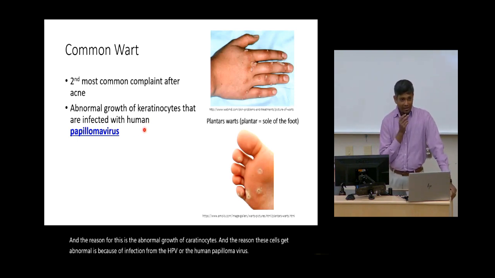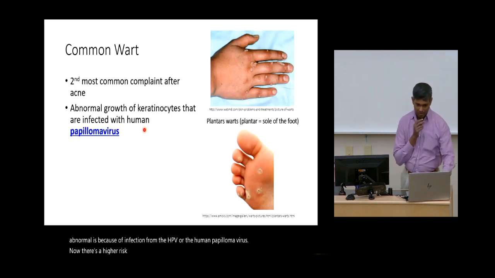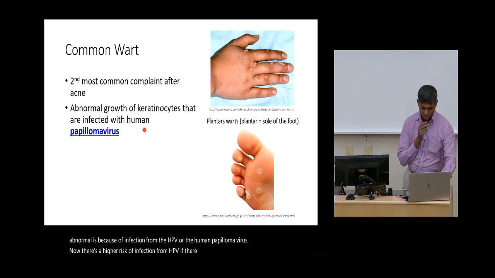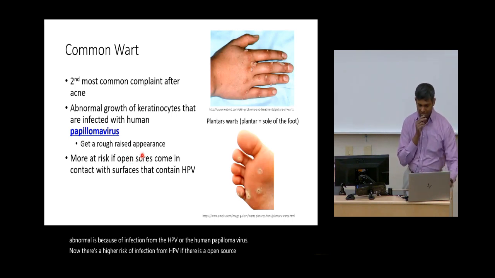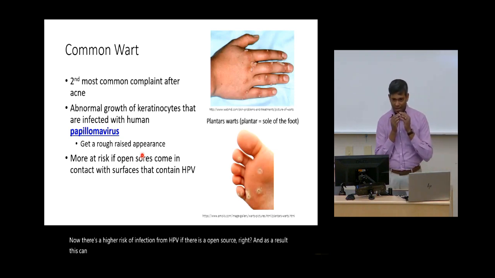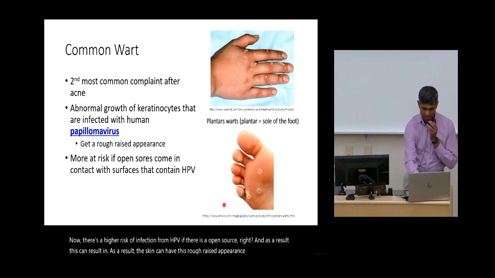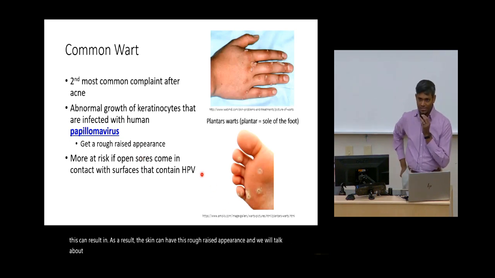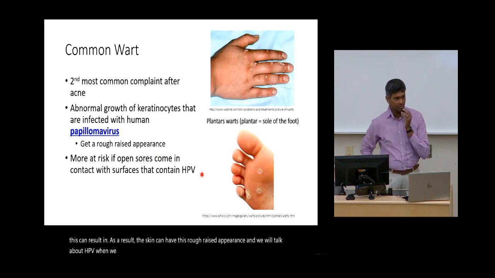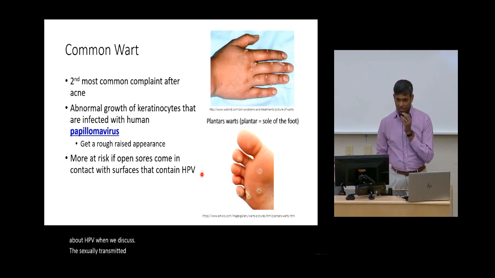Now there's a higher risk of infection from HPV if there are open sores, right? And as a result, the skin can have this rough raised appearance. And we will talk about HPV when we discuss the sexually transmitted diseases in the reproductive system.